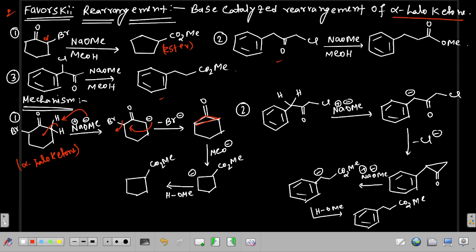This three-membered ring is a very unstable species, so in presence of another methoxide ion, now the methoxide ion will act as a nucleophile, not a base.